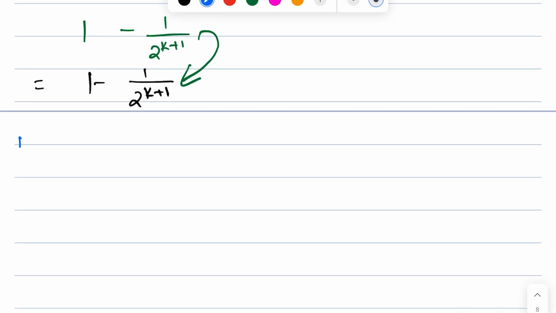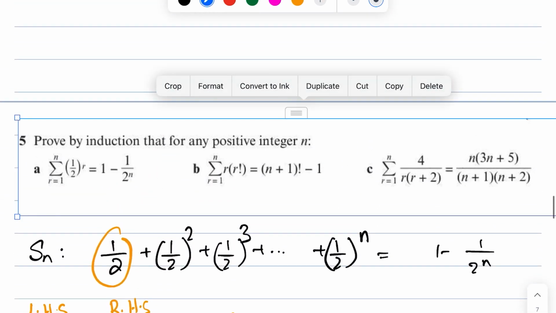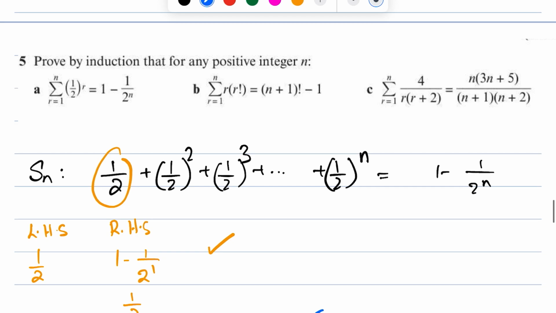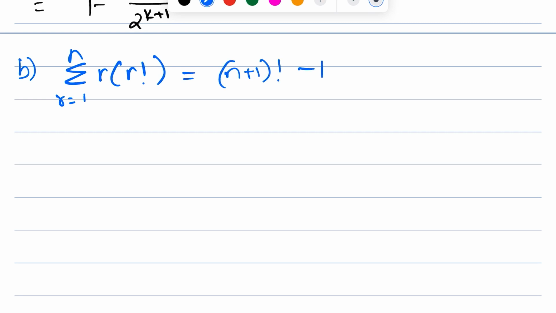Coming to part B. What is part B? Sigma r times r factorial is (n plus 1) factorial minus 1. So write down that question. What is that question? By part B, sigma r equals 1 to n of r times r factorial equals (n plus 1) factorial minus 1.